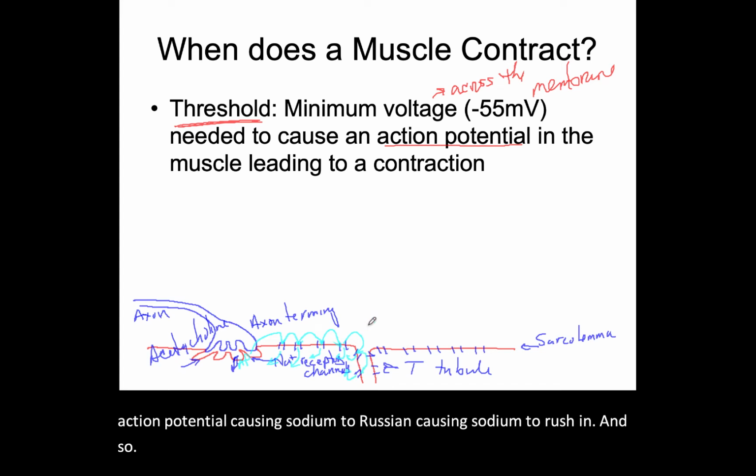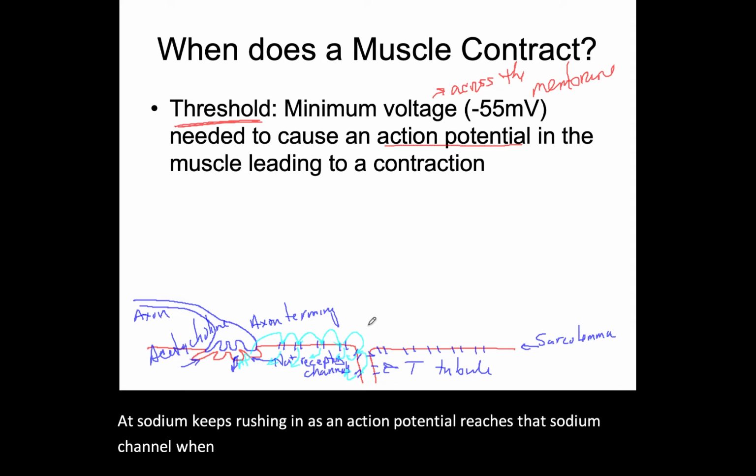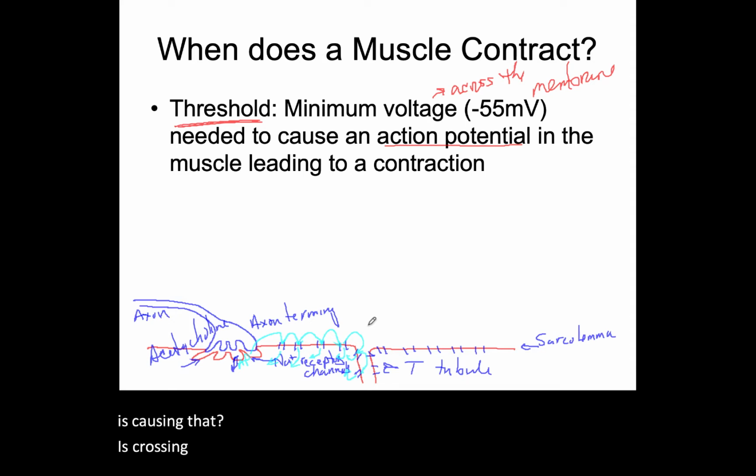That sodium keeps rushing in as an action potential reaches each sodium channel, and a new action potential is created. But again, what is causing that is crossing this threshold of negative 55 millivolts.